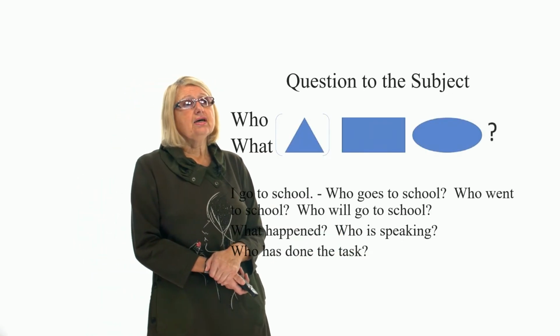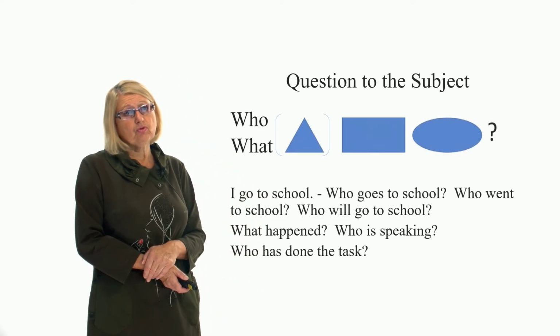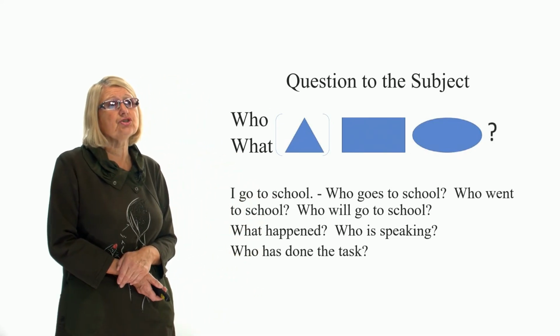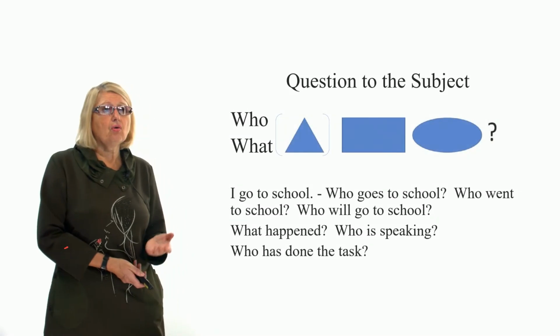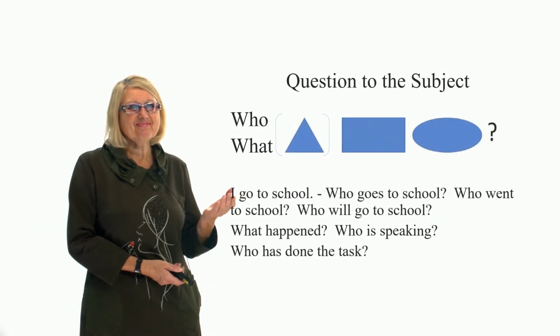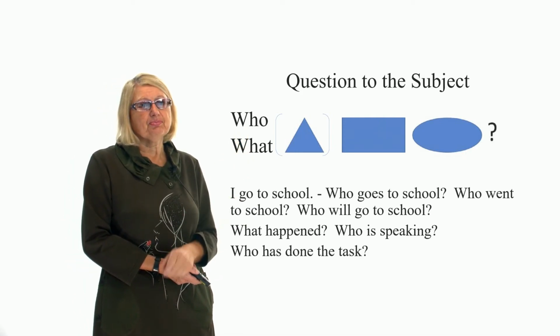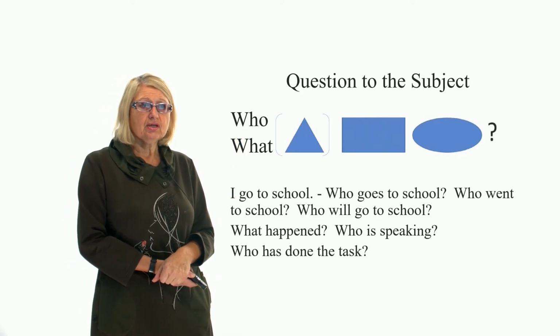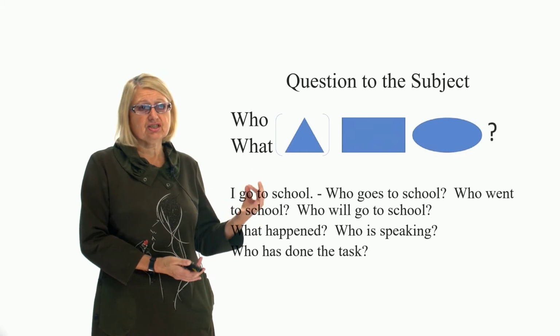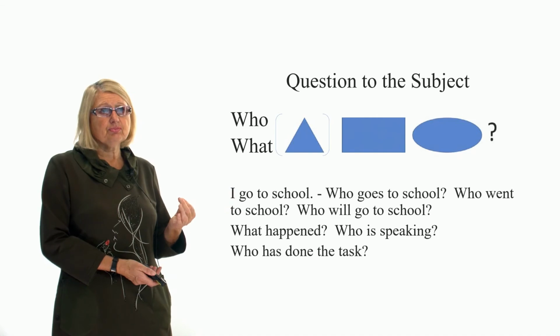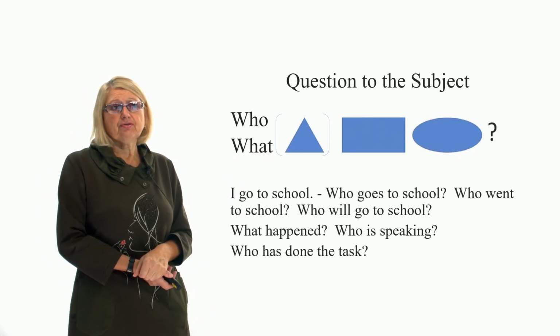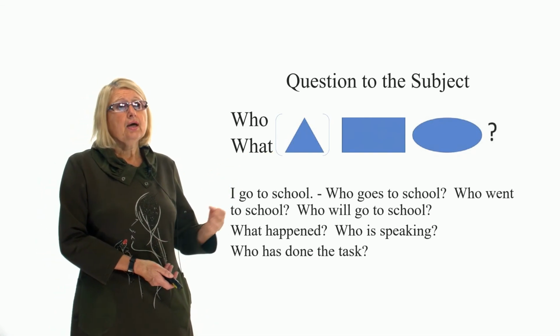The next and the last type of direct question is question to the subject. What should you remember? There are only two interrogative pronouns. Who, if it is a person or an alive subject, and what, if it is not alive.